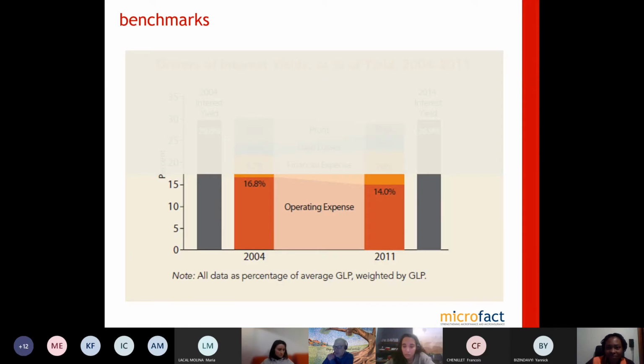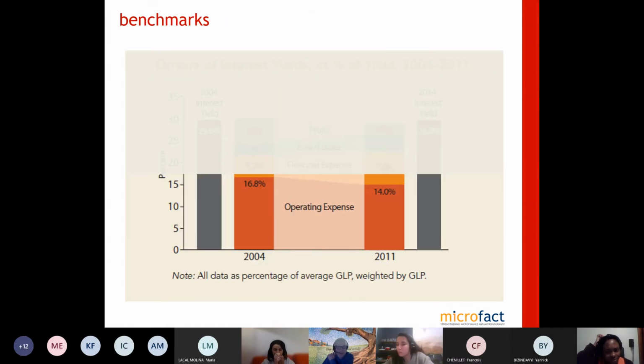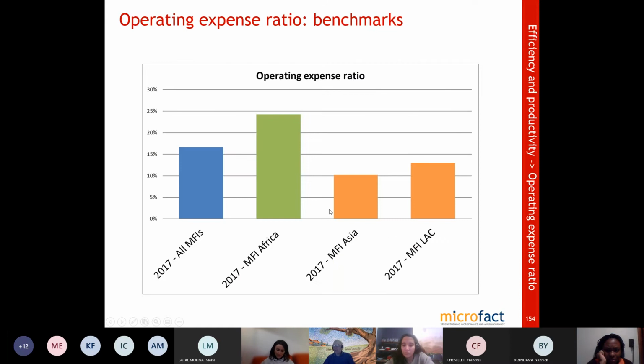Okay, thank you. So just to say that operating expense went down over the last years, but there are not many new figures available. It's still around 14%. It seems that it is going down a little bit, but not that much. We do see that all MFIs are around this 15%, Africa a little bit higher. The main reason for this is that most of the organizations of Africa in the sample are cooperatives that are mobilizing savings.